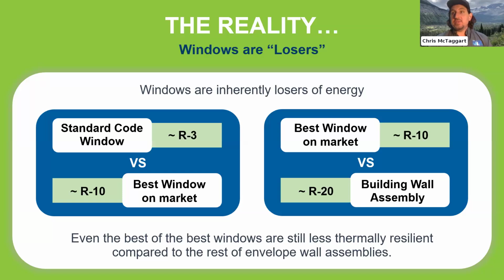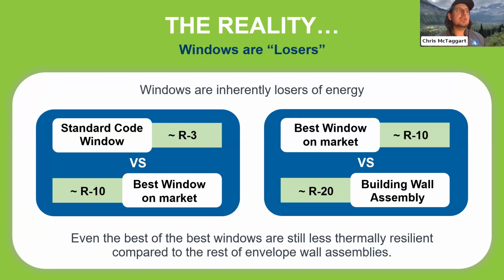So it's not to say don't install windows. You need them. You need them by code. There's a certain amount of minimum glazing area that's required by code. People like windows so that they can see outside and get a touchstone with the outdoors, for daylighting purposes, and ventilation in the optimal season. Everybody likes windows for the most part. We need to have them.